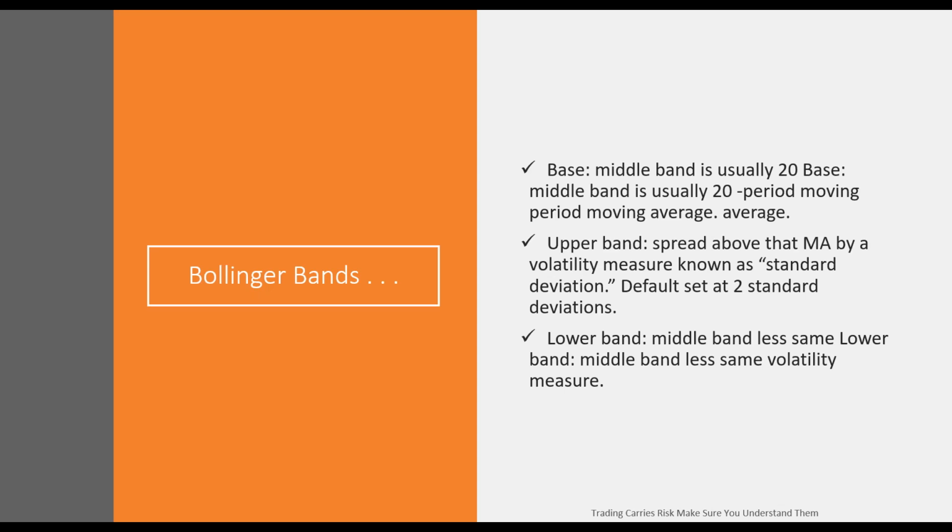Use a 1.5 standard deviation. You can do all that. You can change it to a 10-period moving average based on a standard deviation of 1.5. But guess what? It's no longer Bollinger Bands. It's Barry Bands or Billy Bands or Bobby Boo's Bands.